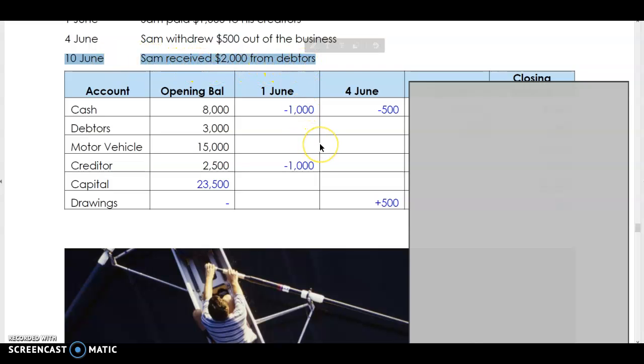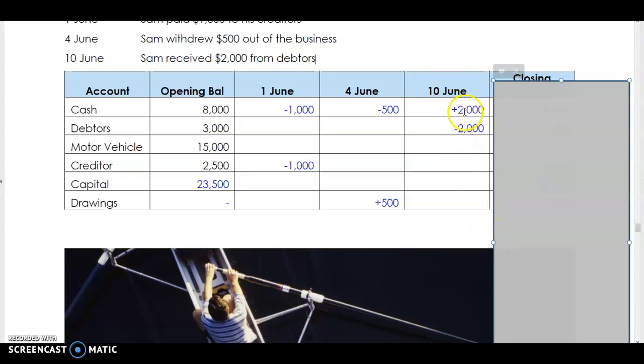Now the last transaction is on the 10th of June. Sam received $2,000 from debtors. So let's have a look at this. We received $2,000 from debtors. Debtors are those assets that people have made purchases on credit. They owe us. So the opening balance was $3,000. It's a current asset.